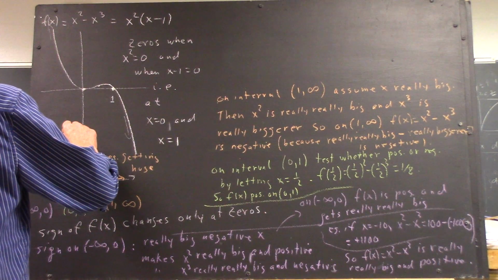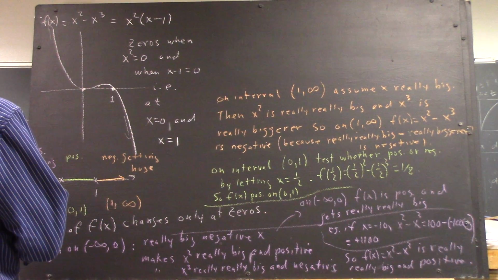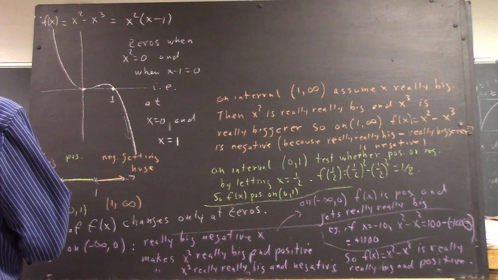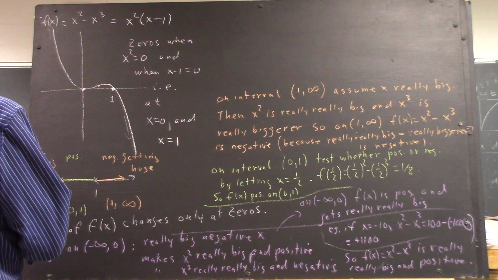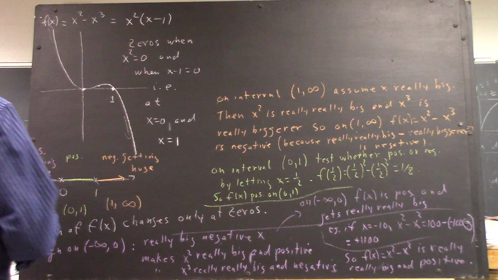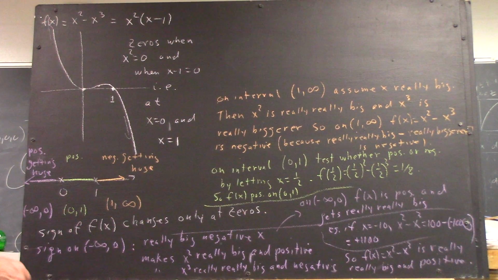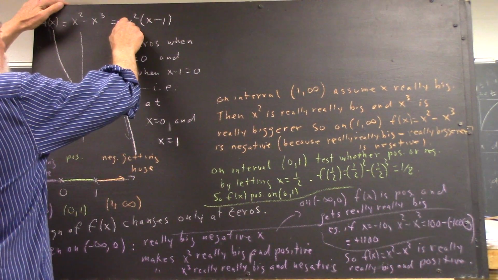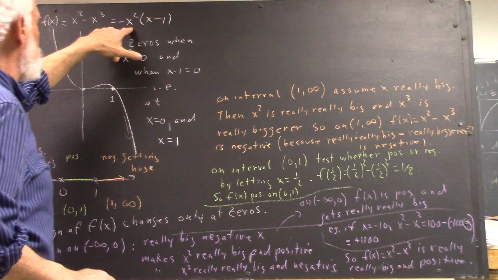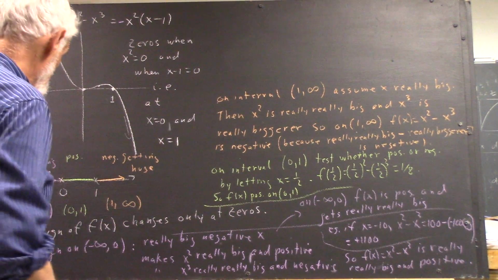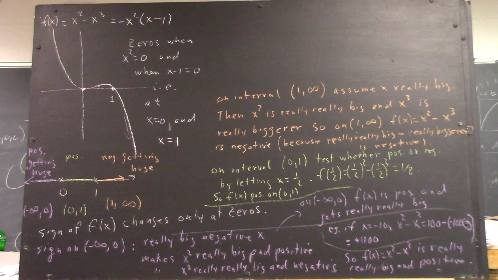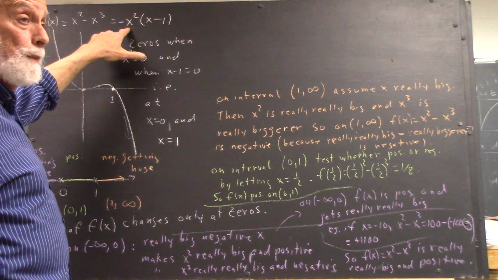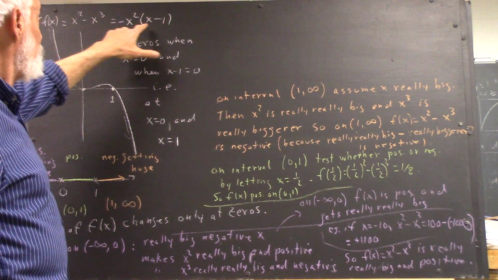The graph is, as I said, x squared minus x cubed. The only thing is that if we factor x squared out, we have a negative here. So again, now if x is negative, this is going to be positive.